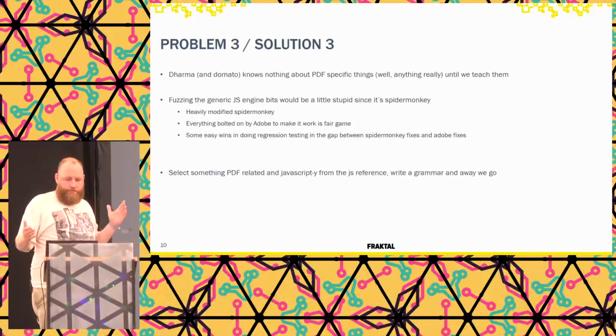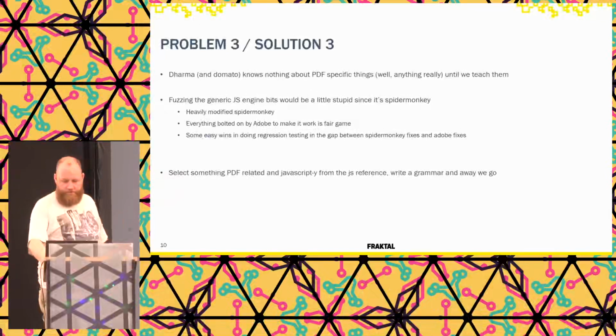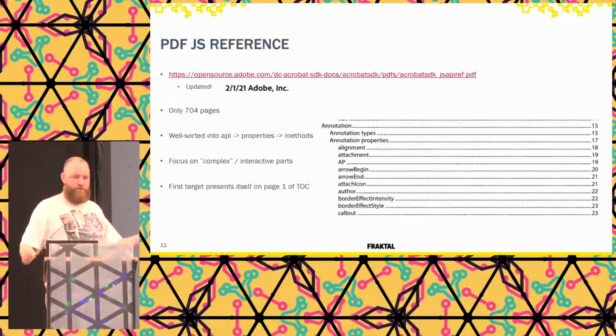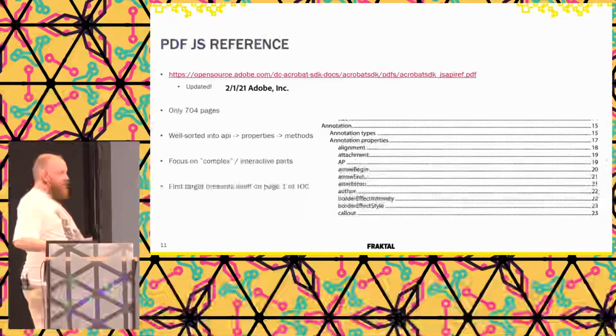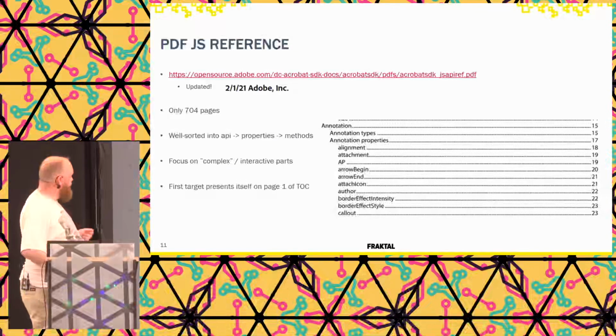So it's just a matter of finding something PDF-related in the JavaScript reference, writing a grammar file, and away you go. If you look at the PDF JavaScript reference, it's been updated. It was updated in '21 after maybe 10 years of nothing, right?